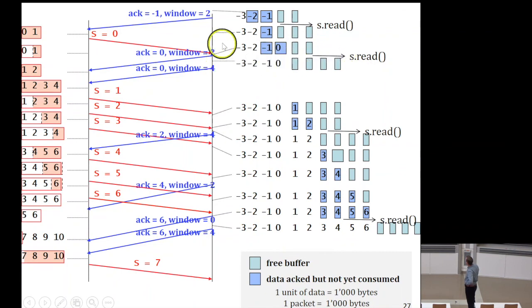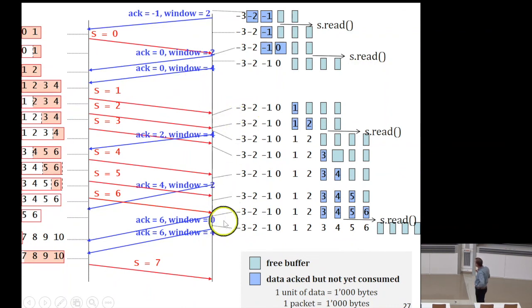And we see that the window size is updated as a function of what has changed. Here the socket buffer is 4 packets, and 2 are occupied by packets that have not been consumed by the application. So I'm signaling to the source, you can send 2 more. I have space for 2 more in my buffer. Here, when the application has read everything, I signal to the source, now you can send 4 more.